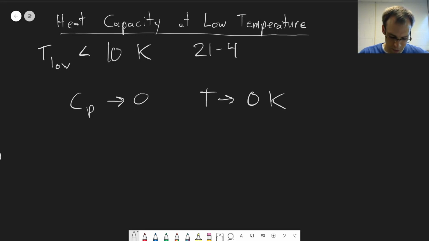And more specifically, as the temperature approaches 0 Kelvin, the constant pressure heat capacity is proportional to the cube of the temperature.